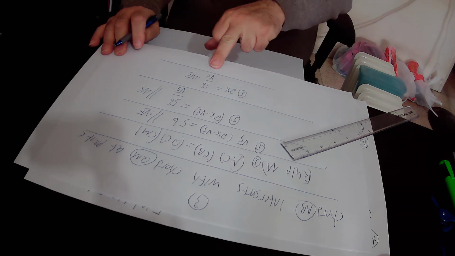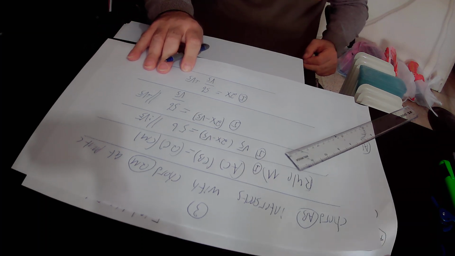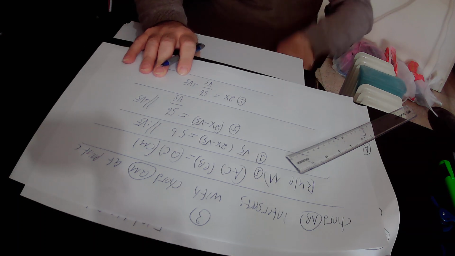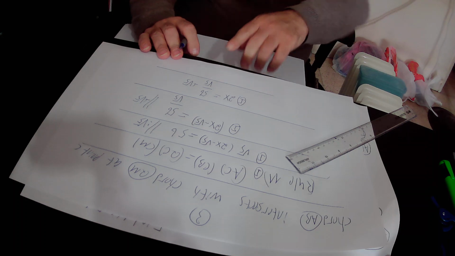We'll focus on this side of the equation. Here we will multiply square root of 5 by square root of 5, and then divide it by square root of 5, in order to get a common factor with this expression.